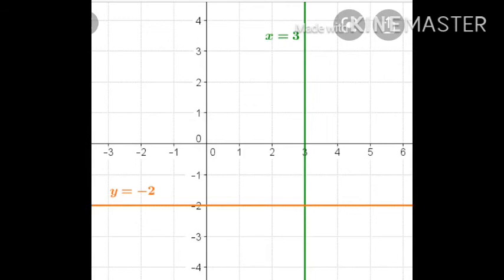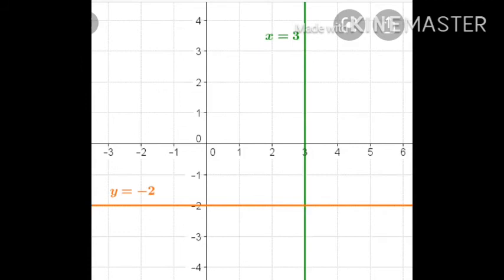Now the summary of this chapter. In this chapter you have studied the following points. To locate the position of an object or a point in a plane, we require two perpendicular lines, one of them horizontal and the other vertical.